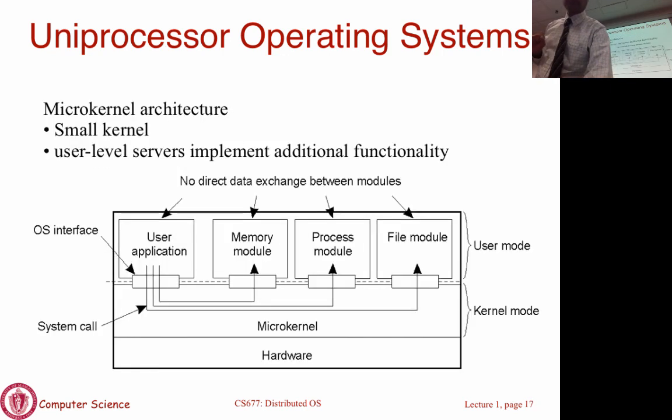This is still an example of a uniprocessor operating system, where we have what is referred to as a microkernel architecture. This is a way to design a uniprocessor operating system where the OS kernel is a very small core called a microkernel. Lots of the functionality that you typically put inside the operating system kernel is pulled out and run as user level applications. Your file system is an application that runs in user space. Your memory manager is an application that runs in user space.